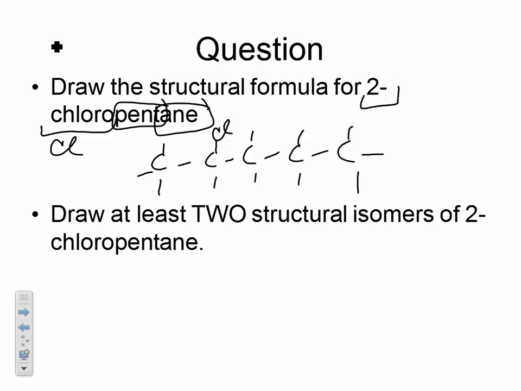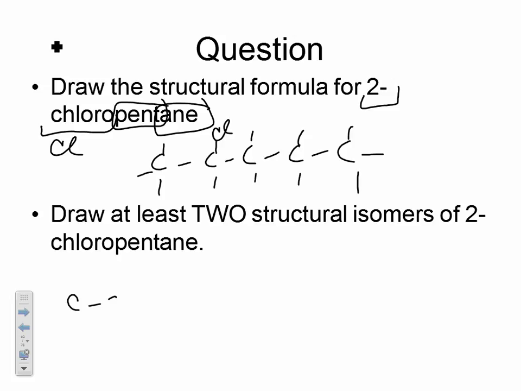And then the question says, draw at least 2 structural isomers of 2-chloropentane. There are actually many different structural isomers for 2-chloropentane, so we only need to draw 2 of them. Well, 2-chloropentane has a chain of 5 carbons. So one way that we could change this, but still keep the same number of C's, H's, and the Cl, is to now, instead of a chain of 5 carbons, have a chain of 4 carbons.